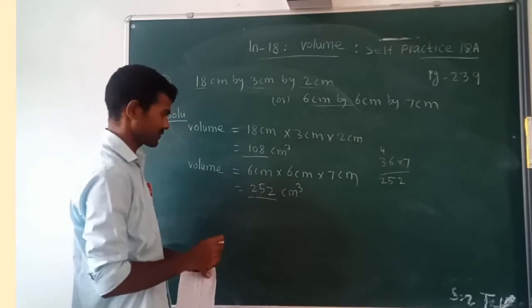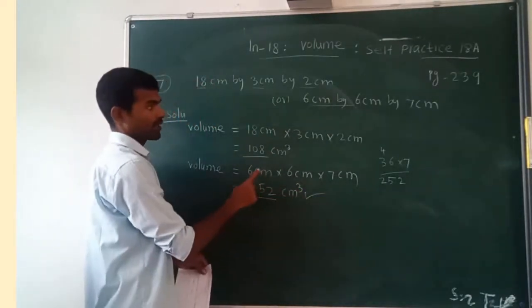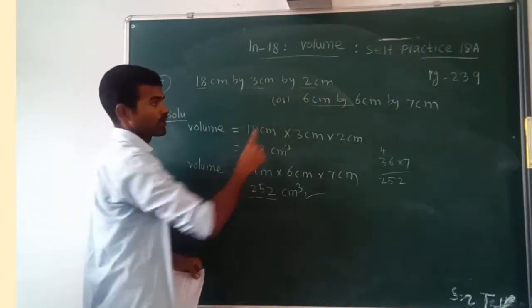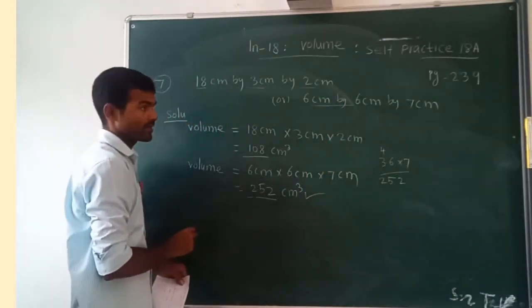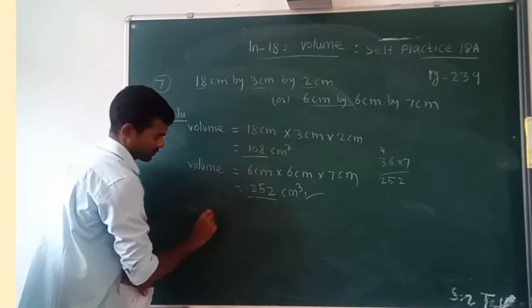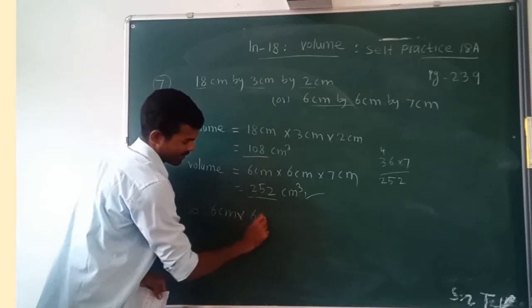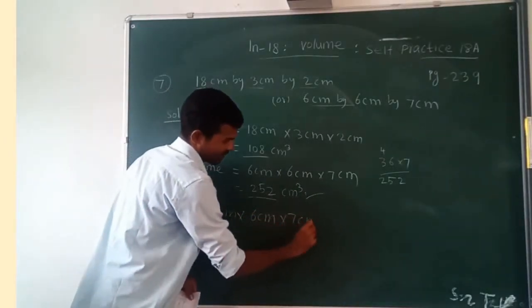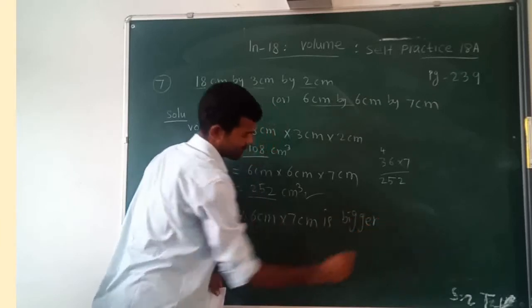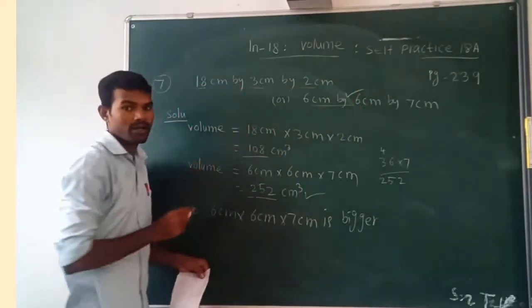So the answer is: the box measuring 6 centimeter by 6 centimeter by 7 centimeter is bigger. This is big and this is small.